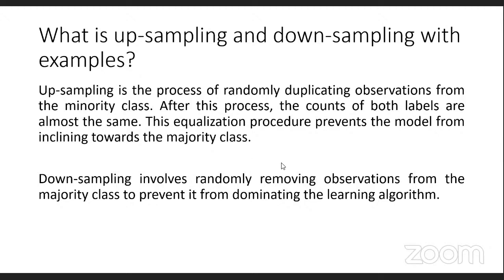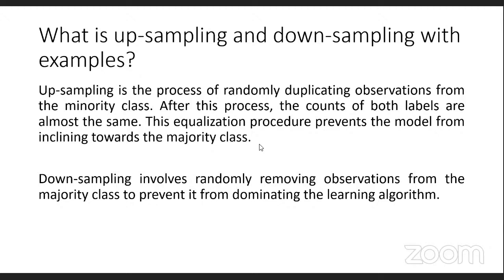If you have 90 samples of non-cancerous and only 10 rows of cancerous, you will duplicate those 10 rows 9 times, then it becomes 90-90, which is 50-50%.